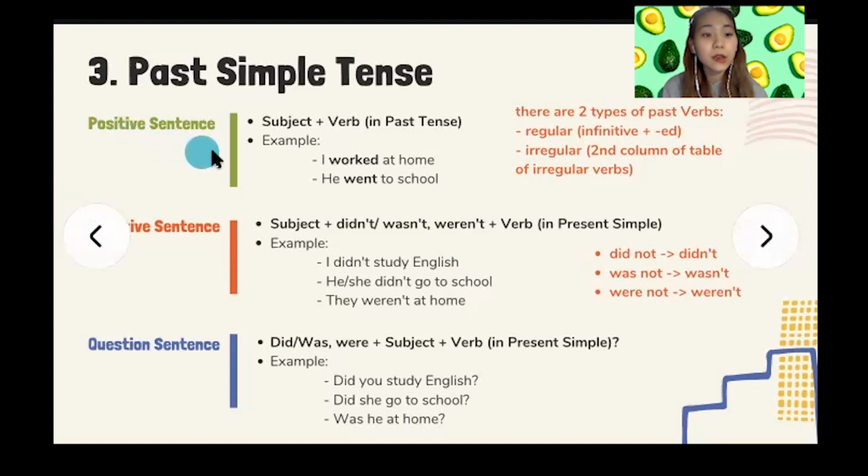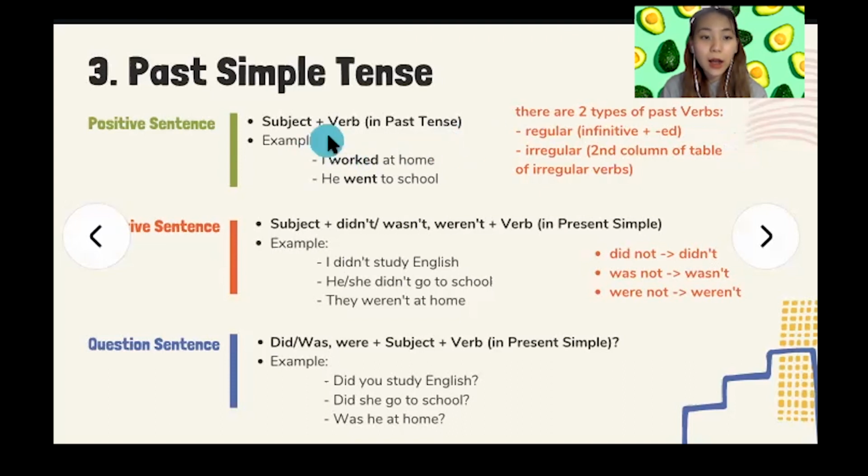Positive sentence. So you have subject, I, you, we, they, he, she, it, or names, and then add a verb in past tense. Remember, it is in past tense, okay? So there are 2 types of past verbs. First is the regular, which is the infinitive verb, just verb in present simple, but you add ed behind the verb, okay?